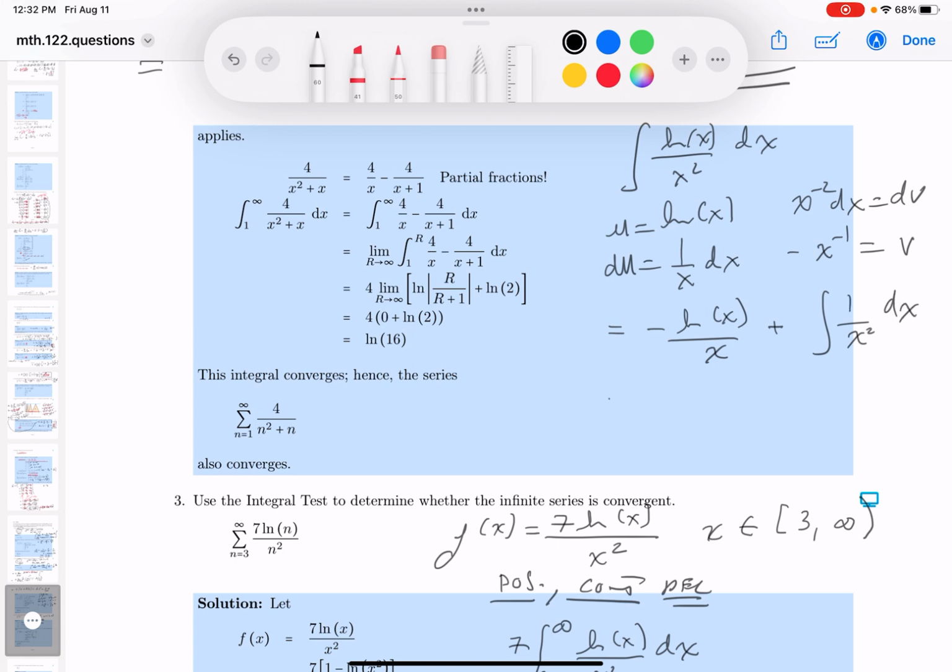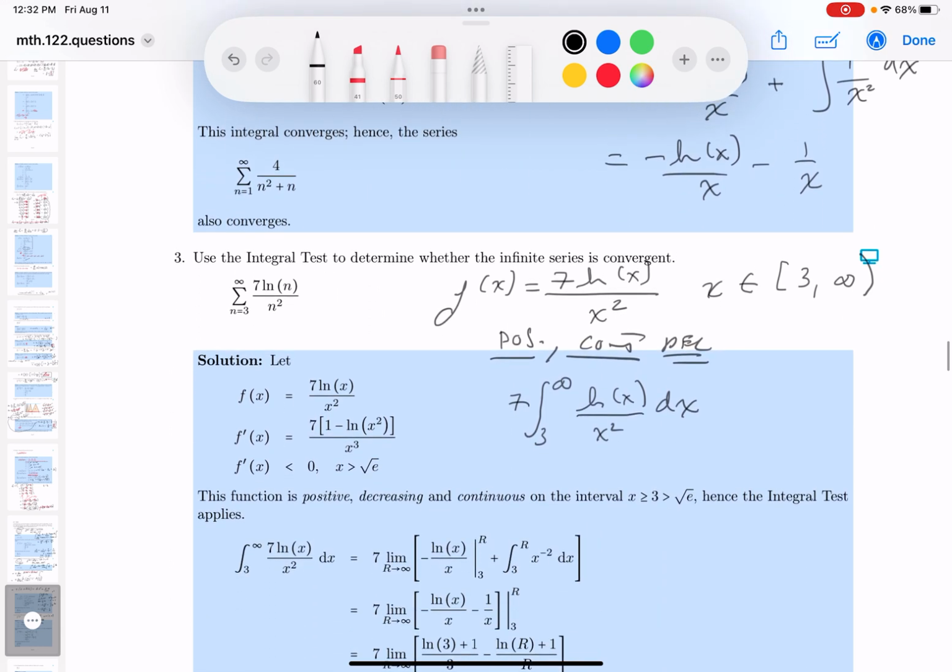I think I can do that. So minus natural log of x over x. I want to point out that 1 over x squared is really x to the minus 2. And we just did it, right? So it's going to be minus 1 over x, plus some constant of integration.